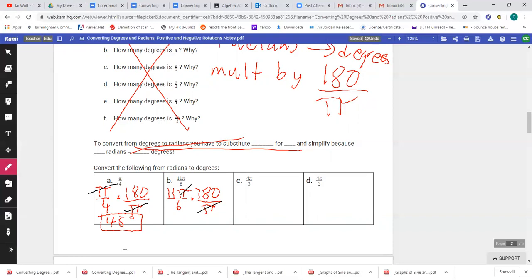And now on the top, I have an 11 and a 180. So in your calculator, just multiply 11 times 180 and then you have a 6 on the bottom, so it's 11 times 180 divided by 6. And you'll get that this is 330 degrees.